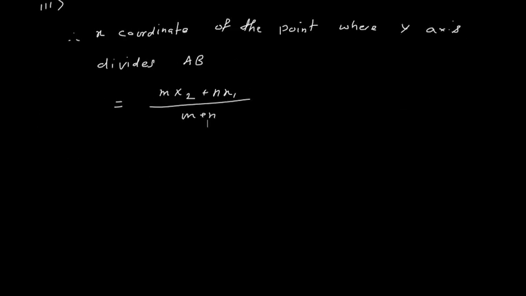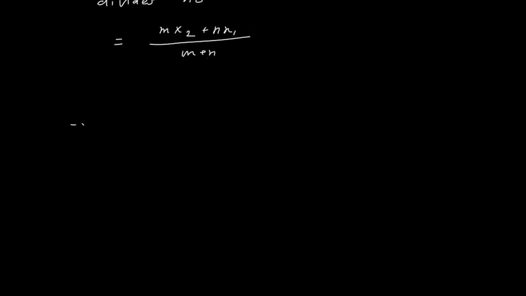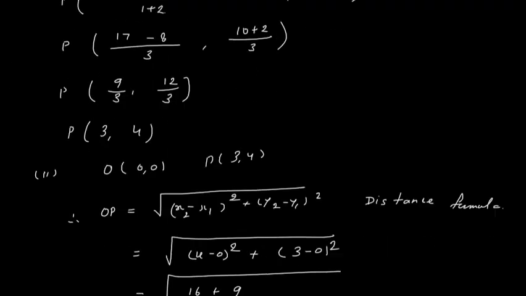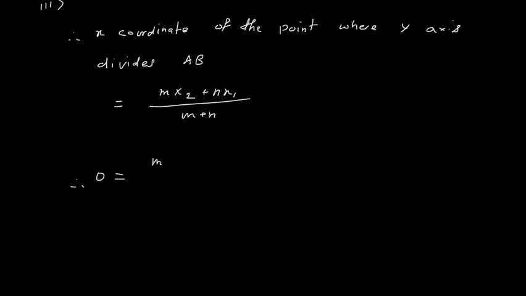m into, now x2 is the coordinate of B, that is 17. So m into 17 plus n into minus 4, divided by m plus n. So we can say that 17m minus 4n is 0, since m plus n multiplied by 0 will be 0.